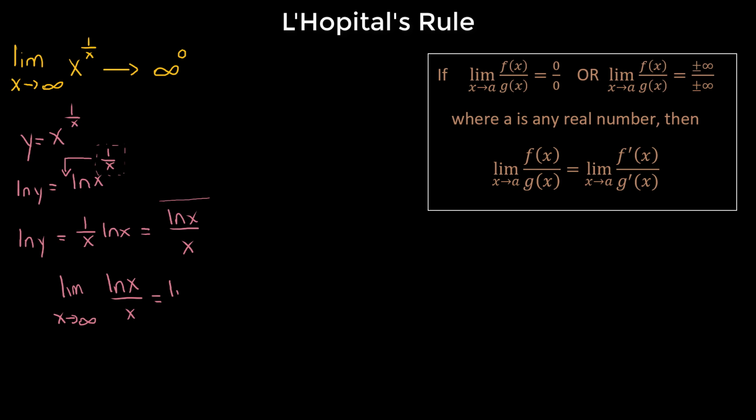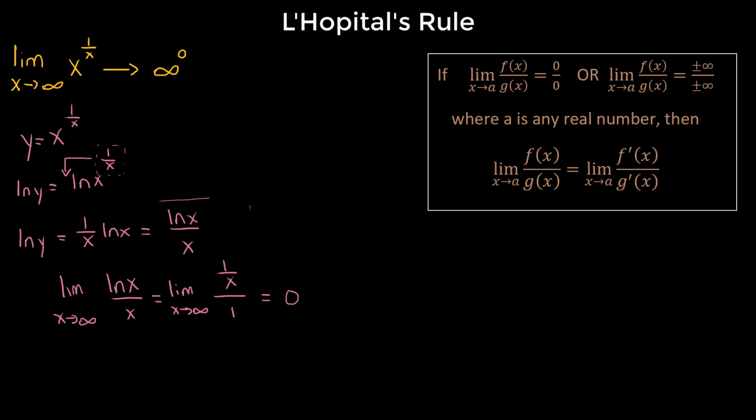So we can apply L'Hopital's rule, and that will be the limit as x approaches infinity of 1 over x over 1. And so this limit would be 1 over infinity, that would be 0 divided by 1, which would just be 0. Now, this wasn't a solution to this problem, because what we're looking at is the limit as x approaches infinity of x to the 1 over x. That was not equivalent to ln x over x.